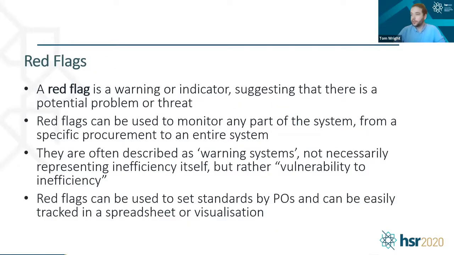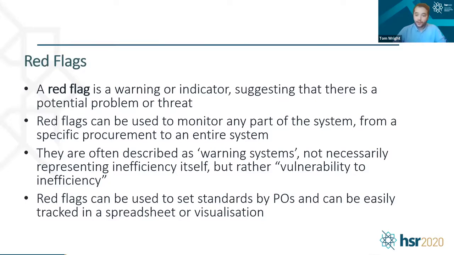So another way in which we can use procurement data is through red flags. And this is often used in anti-corruption, as a red flag is a warning or indicator suggesting that there is a potential problem or threat. So in corruption studies, a red flag could represent a vulnerability to collusion or bid rigging, for example.